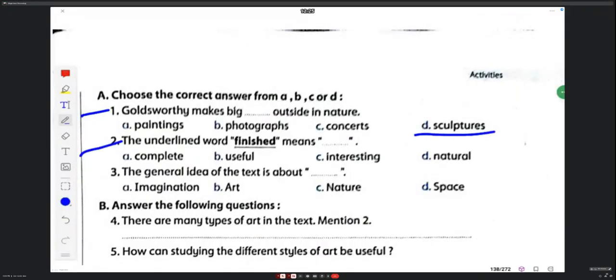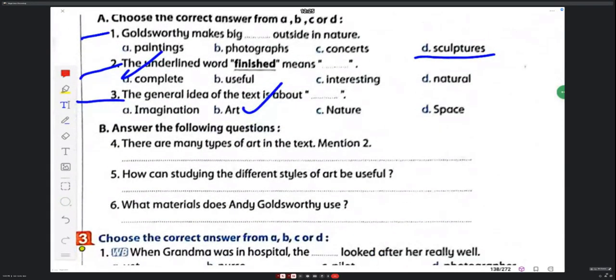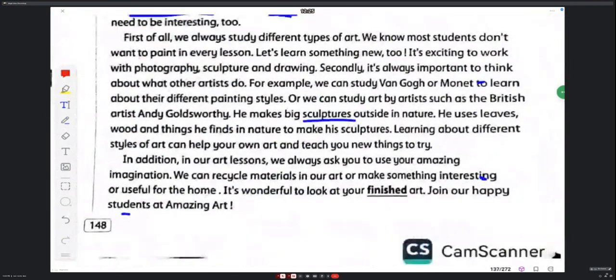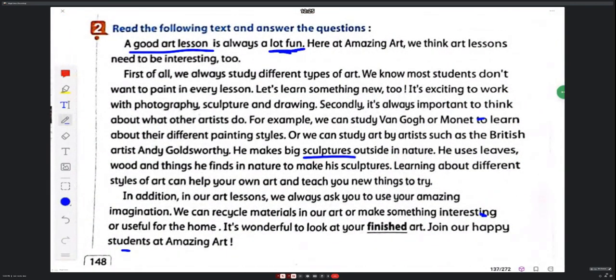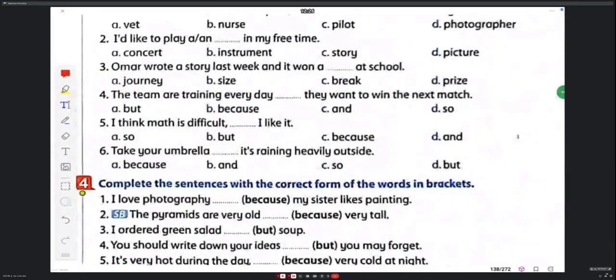Okay. Usually, the underlined word finish means complete. Usually the general idea of the text is about art. Lamar, there are many types of art in the text. Mention two. Sculptures and painting. Okay. Painting and sculpture.